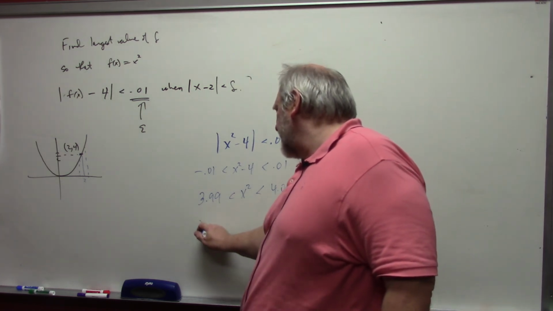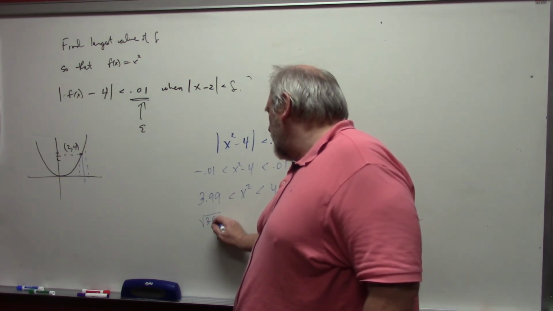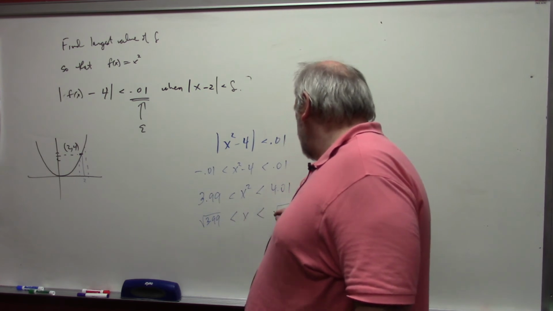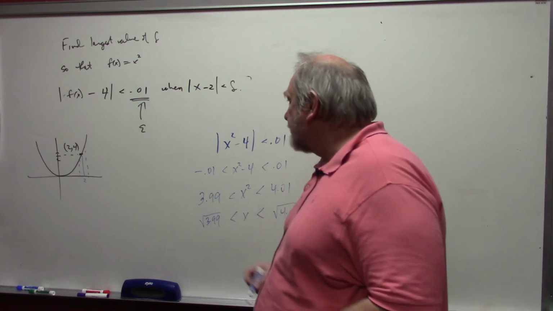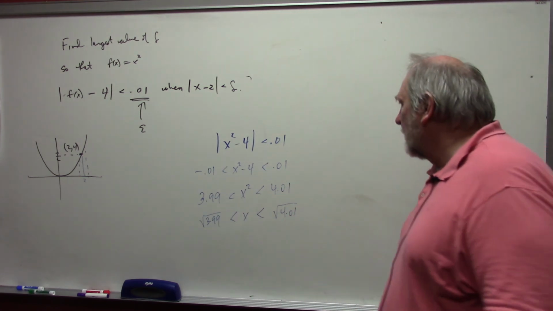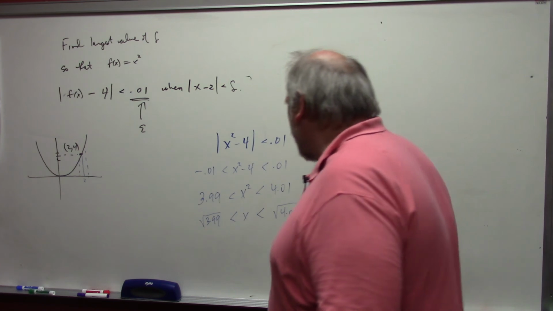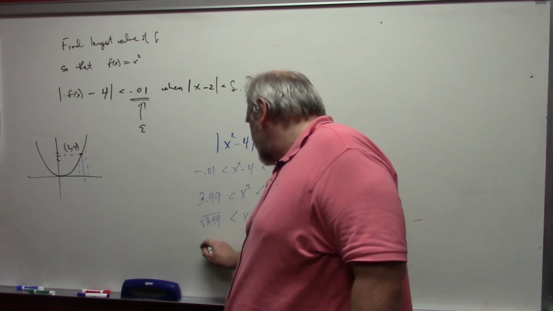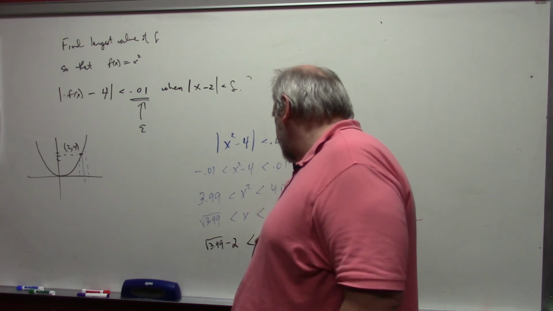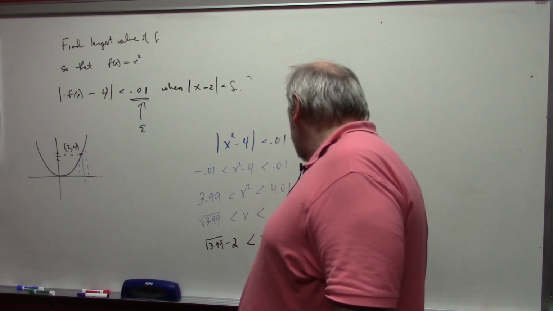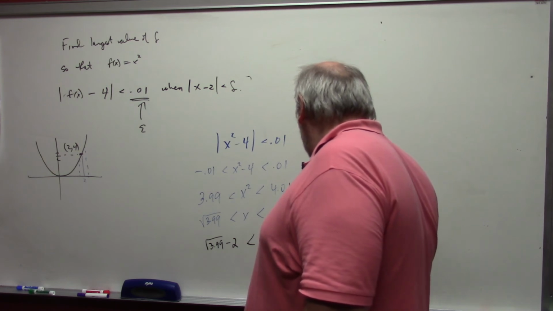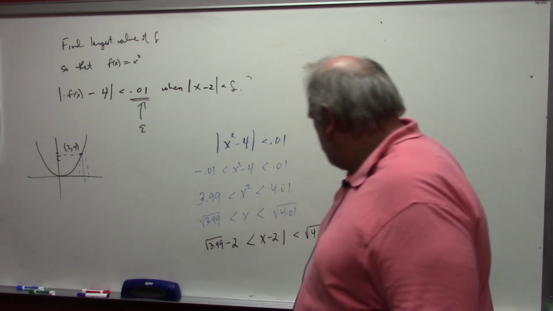We get the square root of 3.99 is less than x is less than the square root of 4.01. And then we can subtract 2. So the square root of 3.99 minus 2 is less than x minus 2 is less than the square root of 4.01 minus 2.